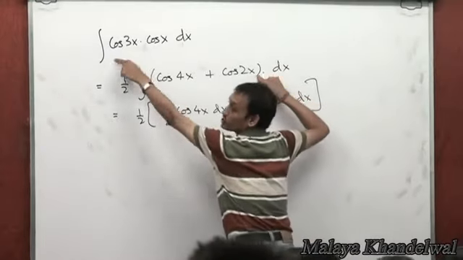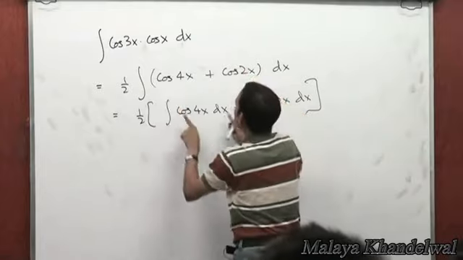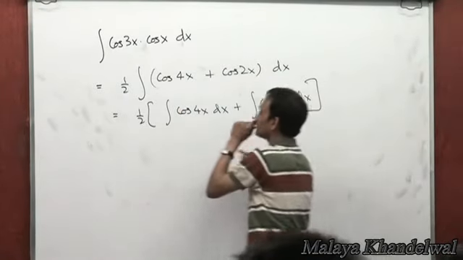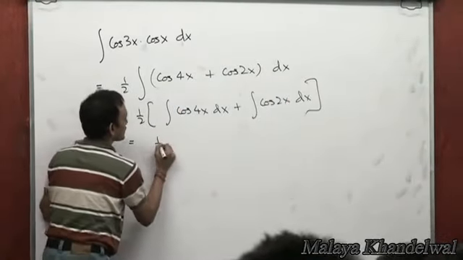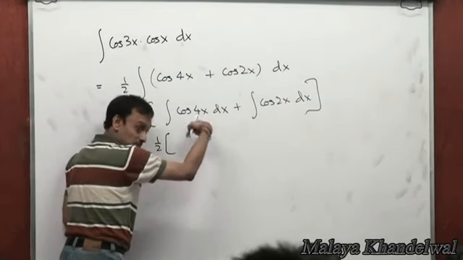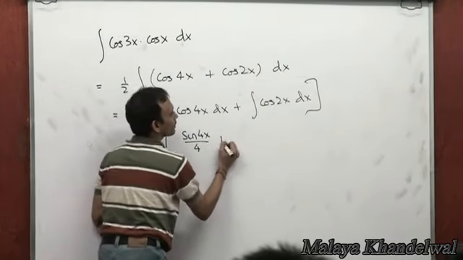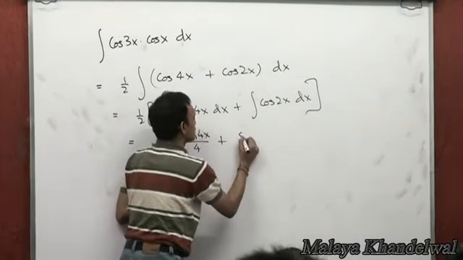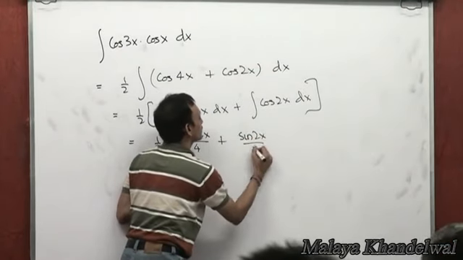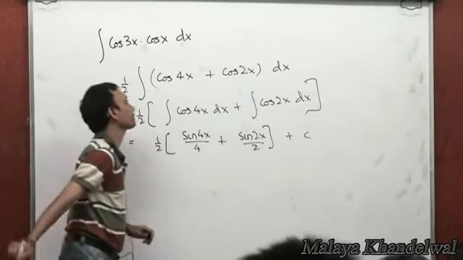See, I wrote cos A cos B is half cos A plus B plus cos A minus B. Integral of the sum is sum of the integrals, right? Which is half of, now cos mx is sin mx by m, so sin 4x by 4, and then there is plus sin 2x by 2.